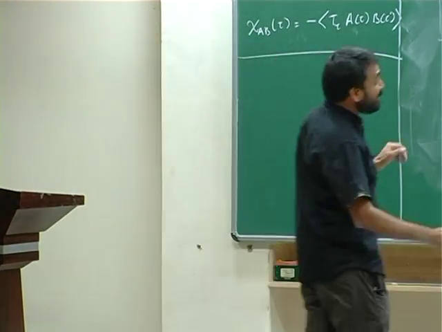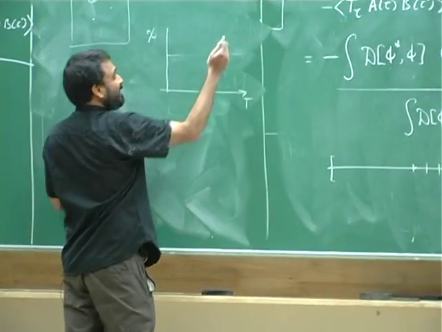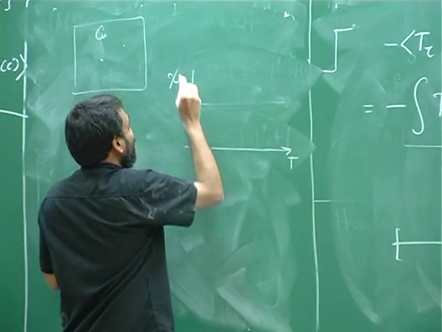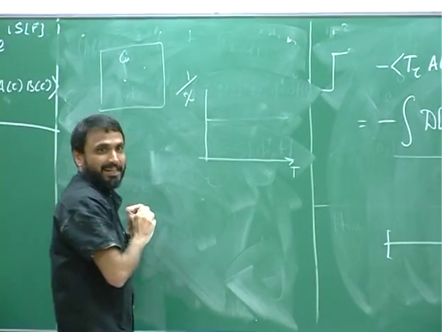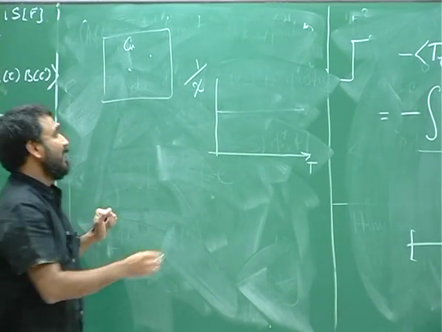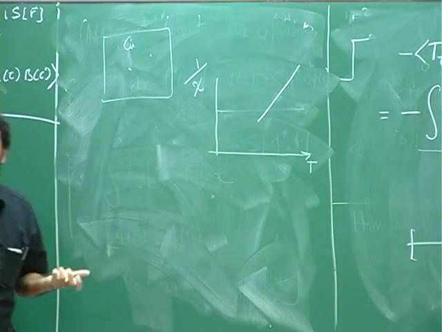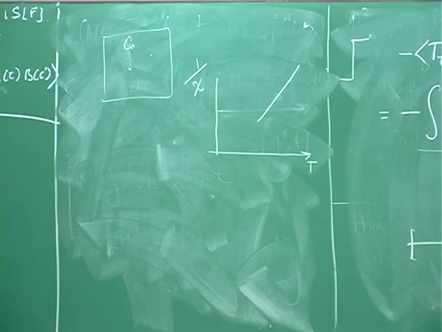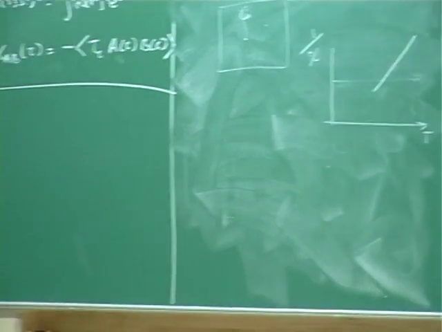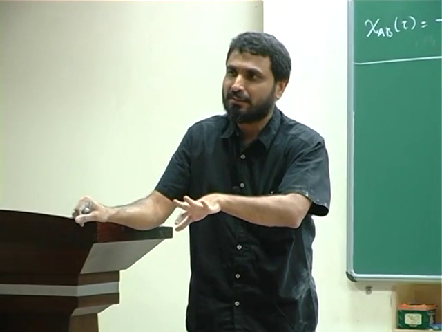So what is found is something quite interesting. The natural thing to do would be 1 by chi. You will find that it's linear, which is telling you what? Sorry? Curie, but what is it telling you? Why did you say Curie?